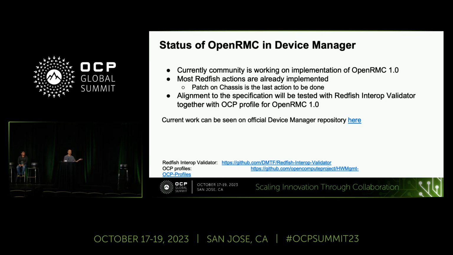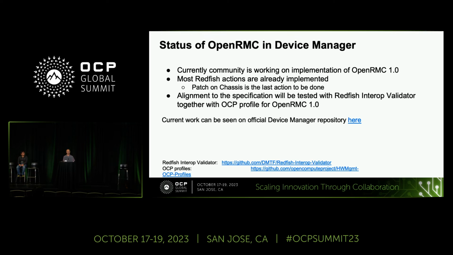So the status of the OpenRMC project in Device Manager is currently community; we're ramping up to 1.0. Hans said that version 1.1 just came out with aggregation service from update. We're going to meet that almost soon right after that. Most of the actions are implemented. What we found was we didn't have a cascading way to actually set a property, because that was easy. So that's being implemented.